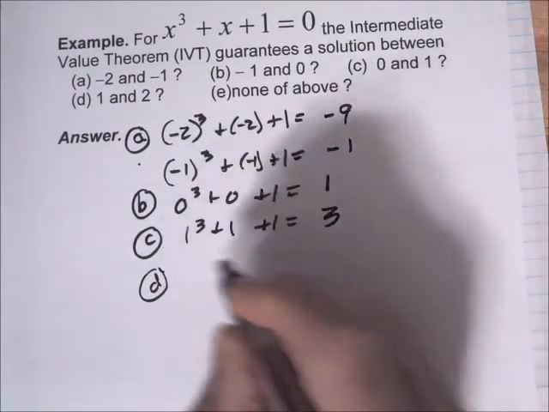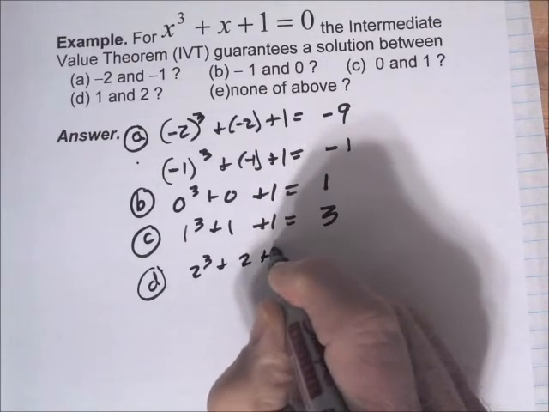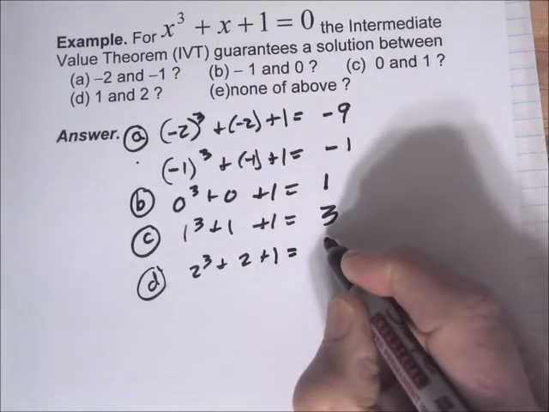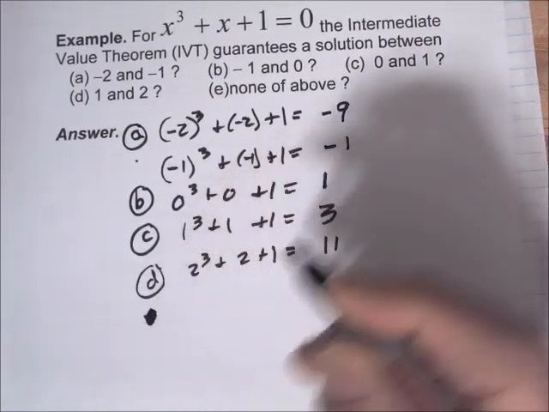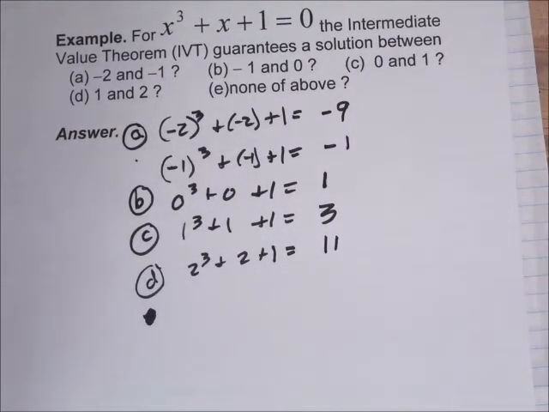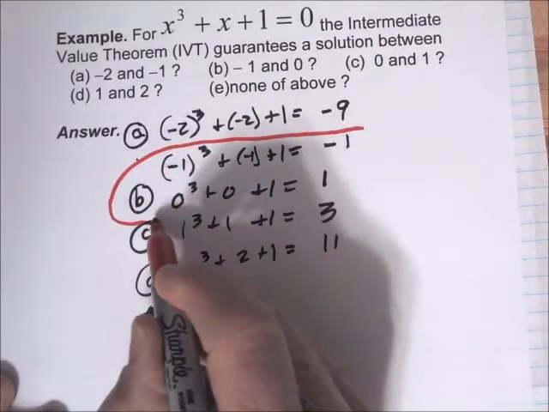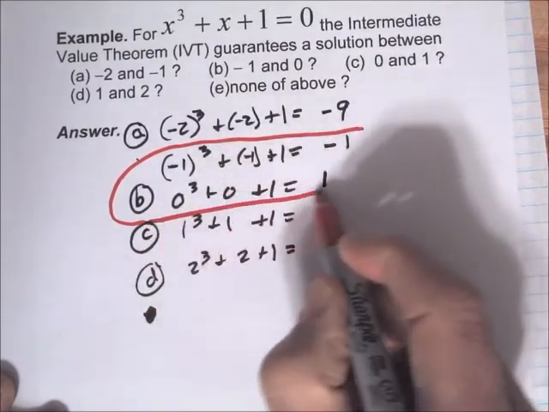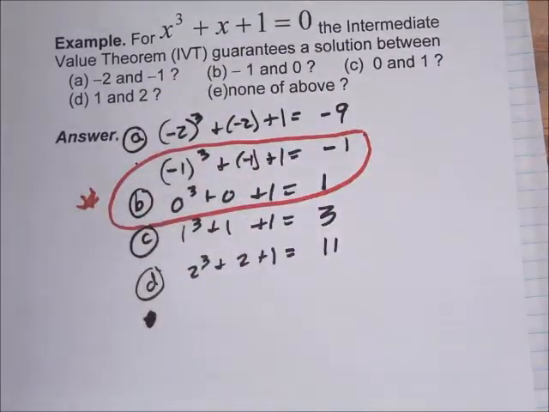D, we have 2 cubed plus 2 plus 1, which is equal to 11. E is noted above. So anyway, we have a sign change on the interval between x equals -1 and x equals 0. This is a clue that we'll have a 0 on that interval.